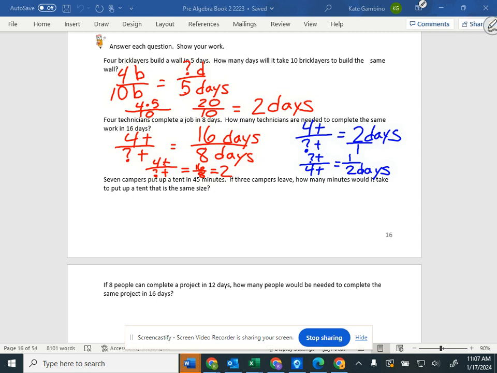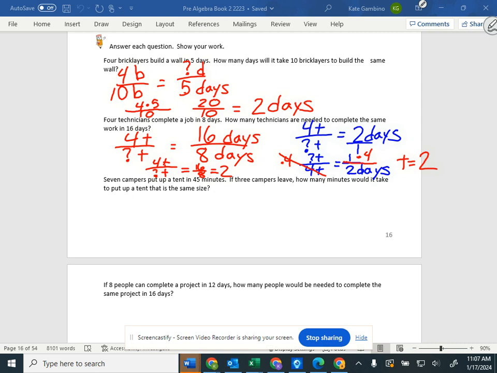Now we've got technicians on the top, so we can multiply by 4. Multiply by 4. So those technicians cancel out. 1 times 4 becomes 4. What's 4 divided by 2? 2. So 2 technicians would take 16 days.